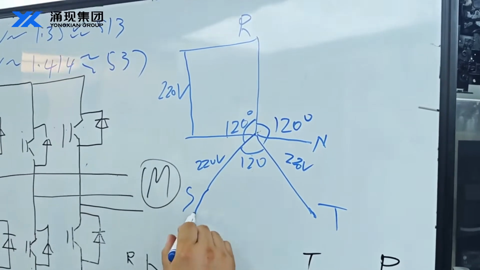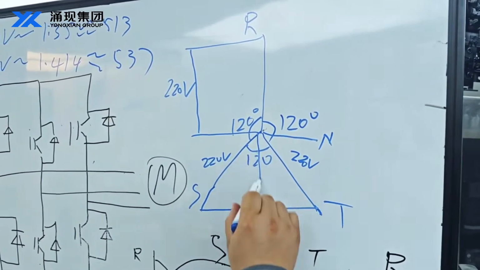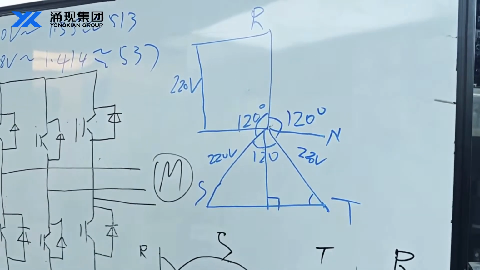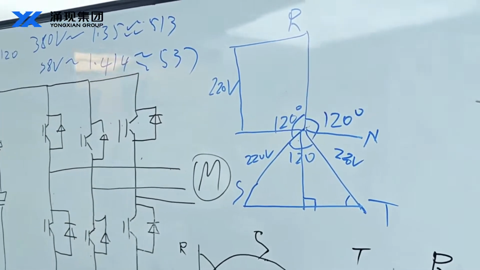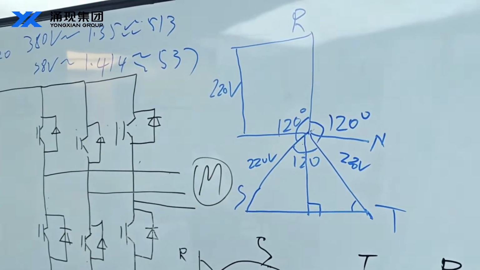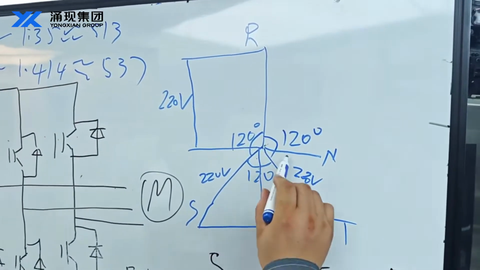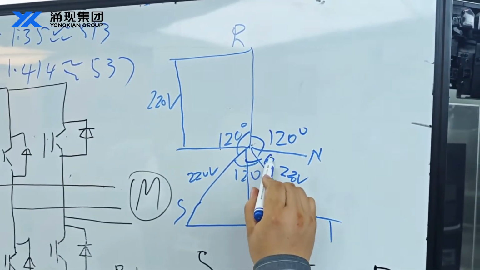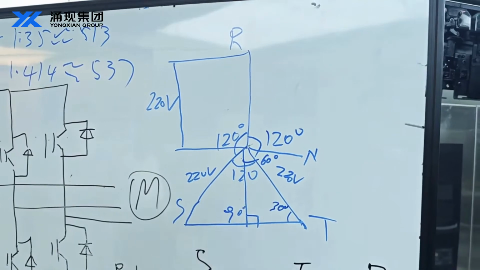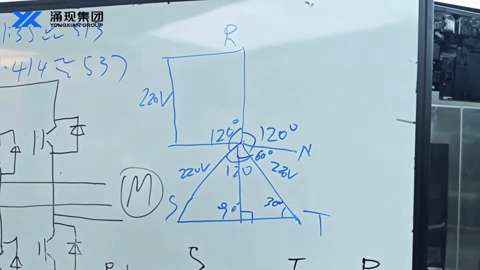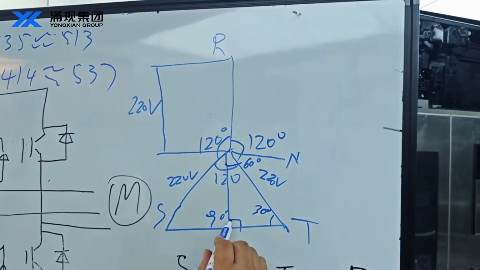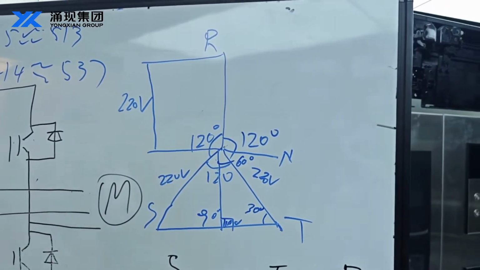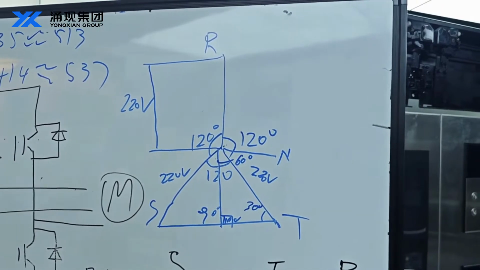If we take the middle part of this isosceles triangle, the angles are 30, 60, and 90 degrees, so this part voltage is 110 volts.